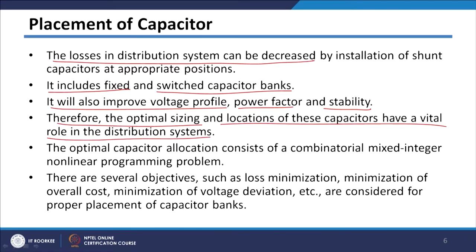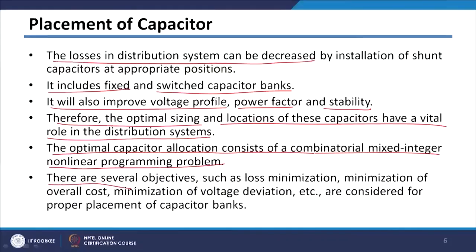So getting the location and size of these capacitors is very important, and that is why it becomes an optimization problem. Therefore, the optimal capacitor allocation is a combinatorial mixed integer nonlinear programming problem, which needs to be solved, because we need to find the locations, which are integer values, and the size of the capacitor, which will be a real value.